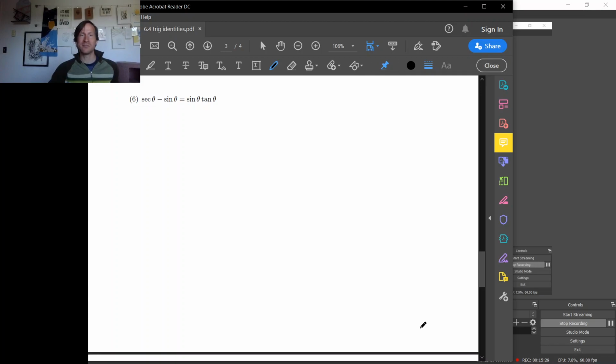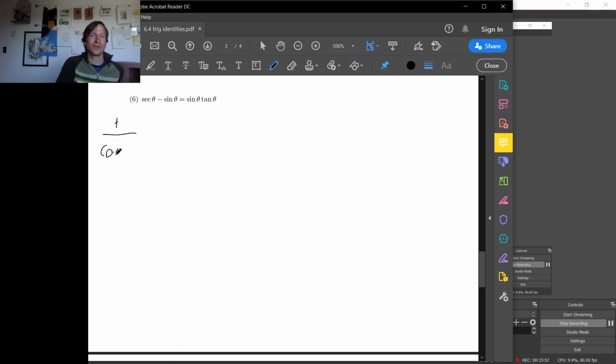All right, secant theta minus sine theta is equal to sine theta times tangent theta. So usually sums and differences are more complicated than products when it comes to trig functions. So let's start with the left-hand side, secant theta minus sine theta. And I don't know, write everything in terms of sine and cosine, I guess.